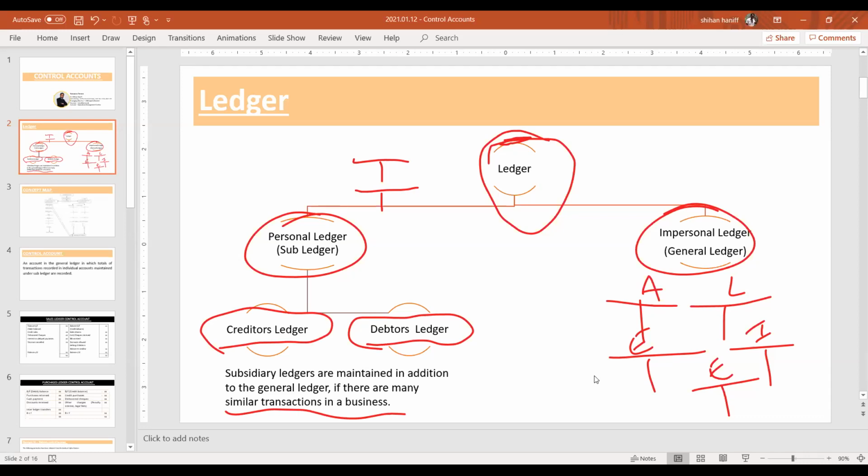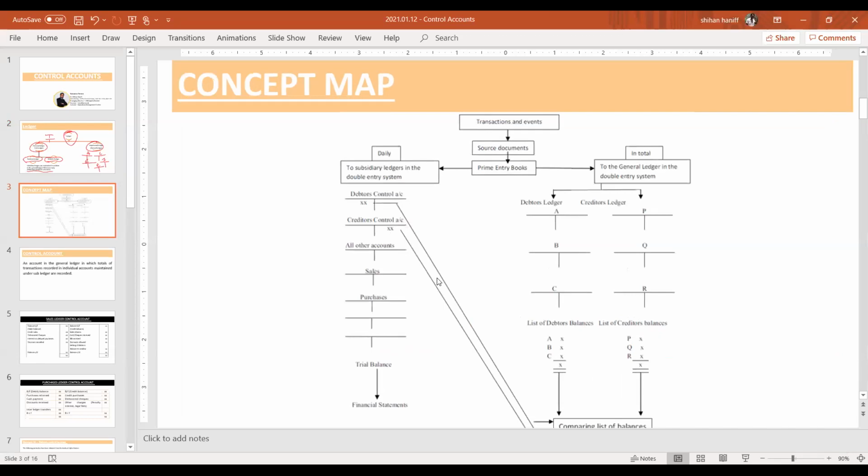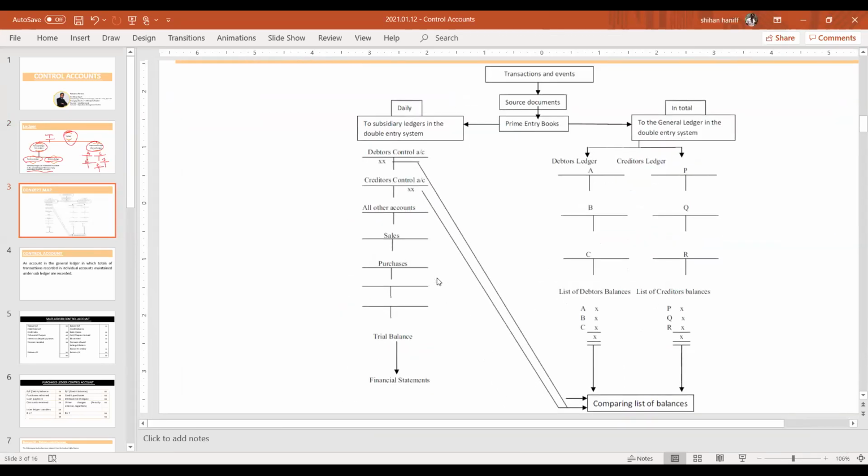Okay. Now, in the personal ledger, in the sub-ledger, the businesses maintain the individual accounts. For example, let's say this example. This is the general ledger.